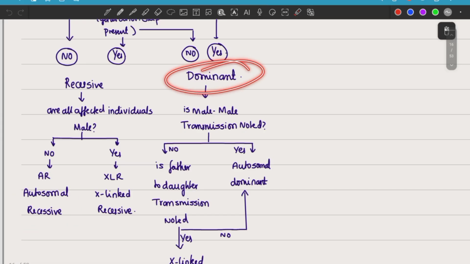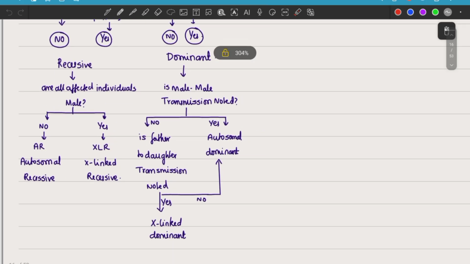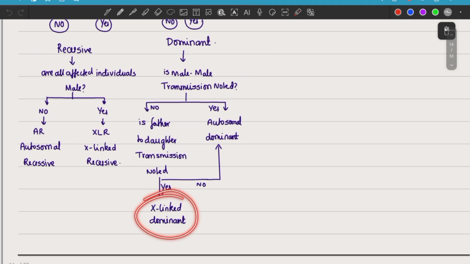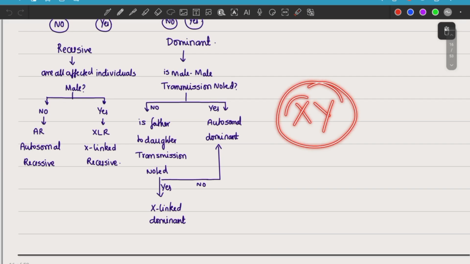When it is dominant, if a male to male transmission is noted, that means it is autosomal dominant, because in X-linked dominant, the father will give the disease to the female child, because the X chromosome for a male is given by the mother, not the father.